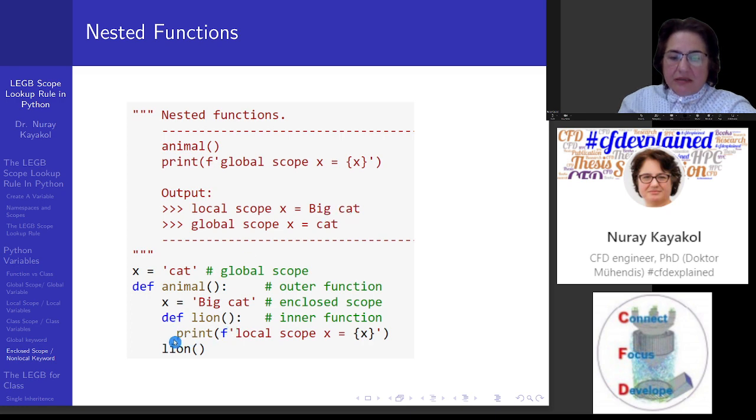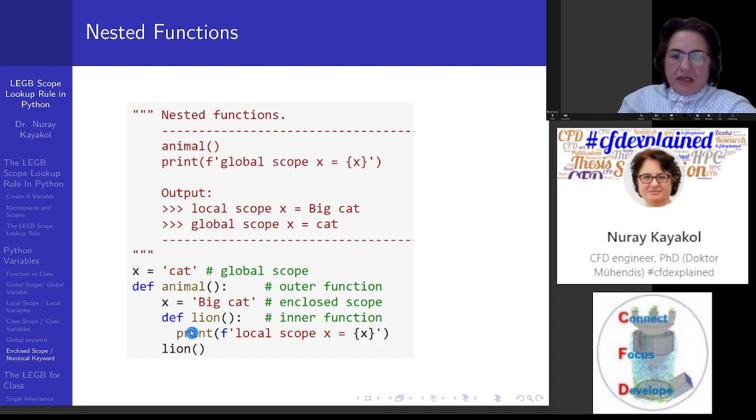Why? Because I didn't define anything in line. Then in this function, the value of x in the outer function will be printed as the value of x.